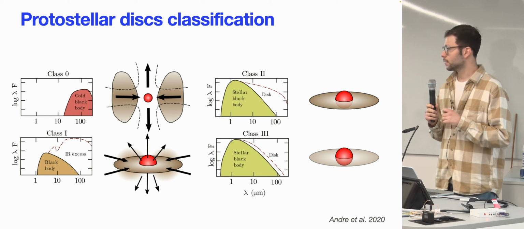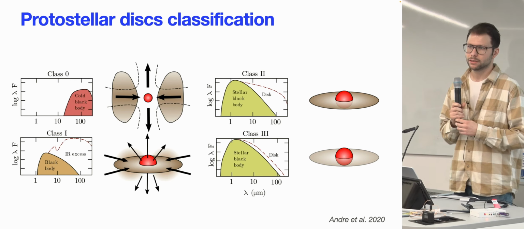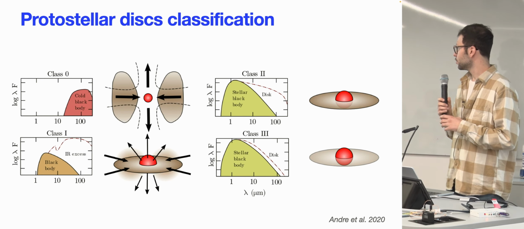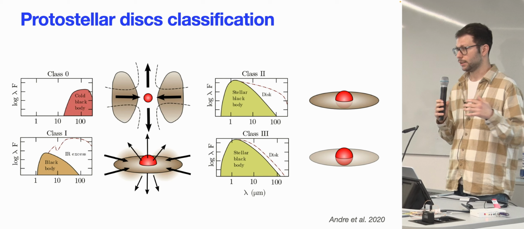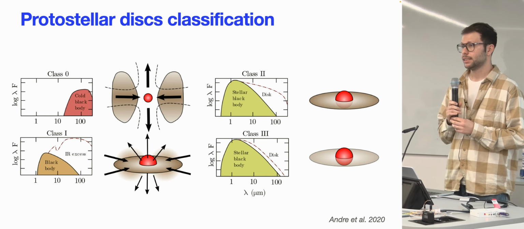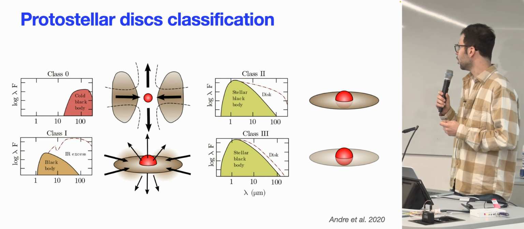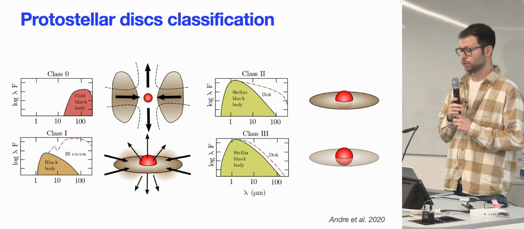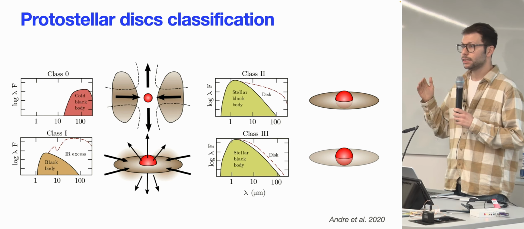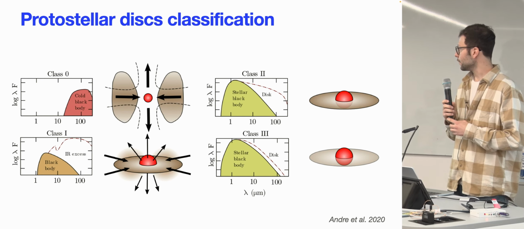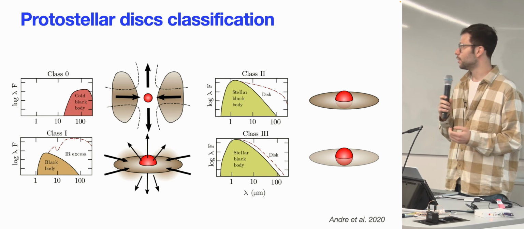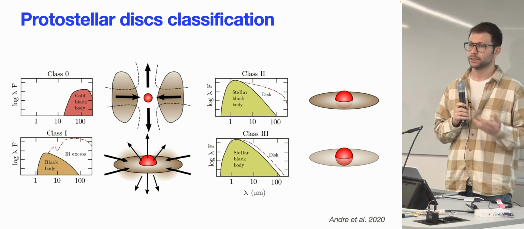Then we have class 2 objects, which are the most important ones, since they are the ones that we can observe very well with ALMA. These objects are composed of the protostar and an accretion disk around it, so the molecular envelope is not affecting their emission. In the spectral energy distribution, we basically see the stellar black body with a near-infrared excess, which is the effect of the accretion disk absorbing the protostellar radiation and re-emitting it at longer wavelengths, since the material is cold.